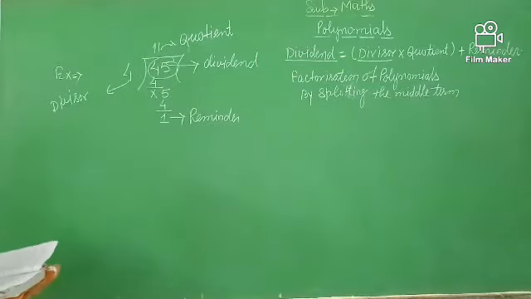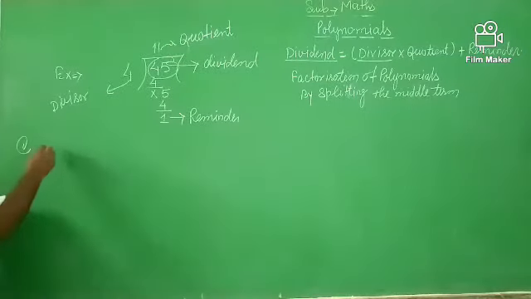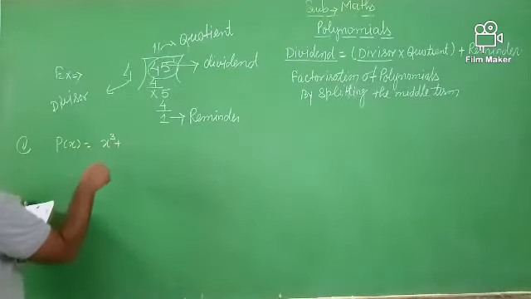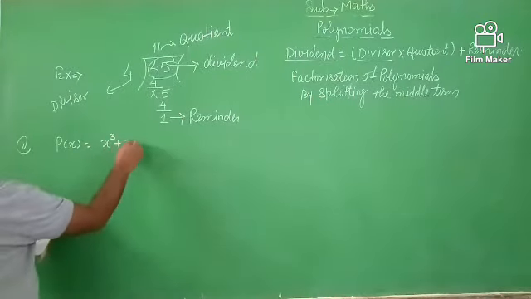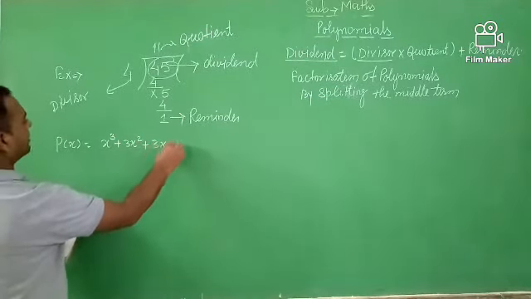So I solve some questions related to this formula. The first question is that one polynomial p(x) is given. p(x) is equal to x cube plus 3x square plus 3x plus 1.